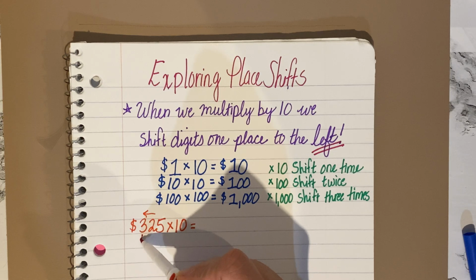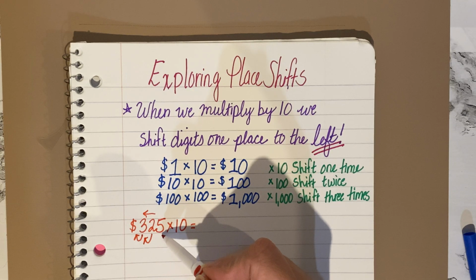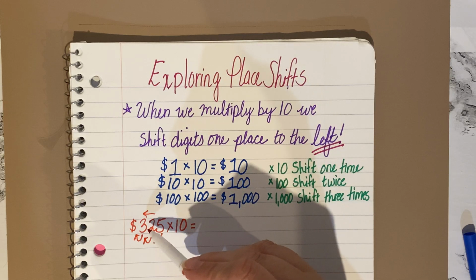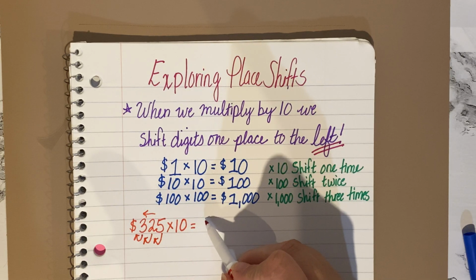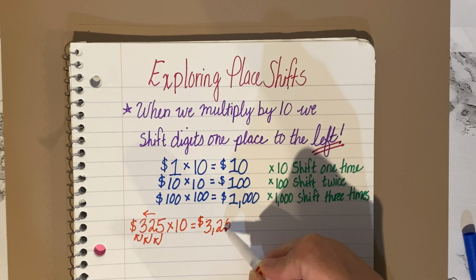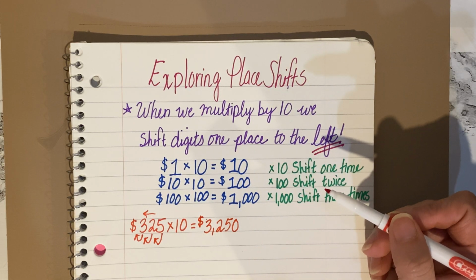It's going to move to the thousands place. Our 2 is in our tens place. It's going to move to our hundreds place. Our 5 is in the ones place. It's going to move to the tens place. Okay, so our 3 will now be in the thousands place. Gotta keep my dollar sign. Our 2 is in the hundreds place. Our 5 will be in the tens place, and nothing in our ones place now.